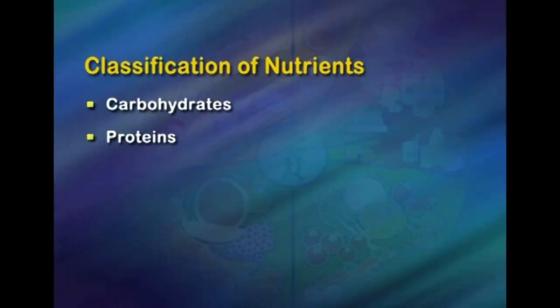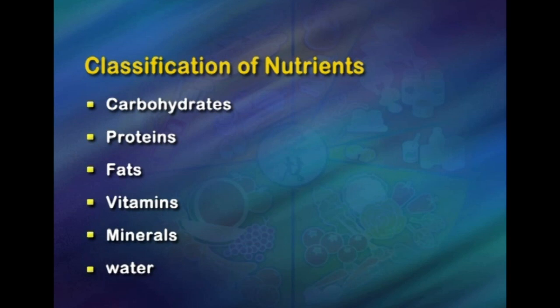In conclusion, we would like to say that nutrients in foods fall into 6 different categories, that is carbohydrates, proteins, fats, vitamins, minerals and water. Of course, the first 3 nutrients provide energy for the body's use.